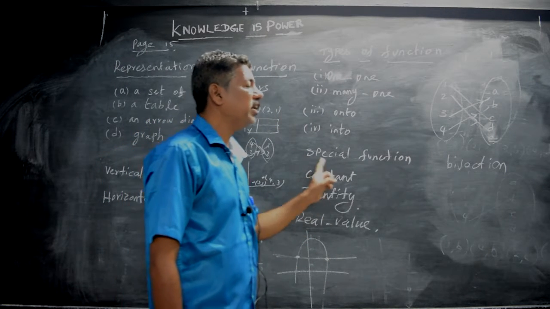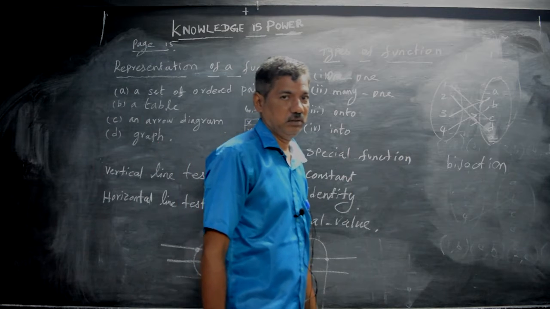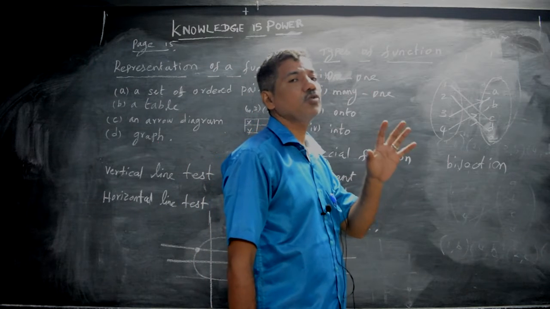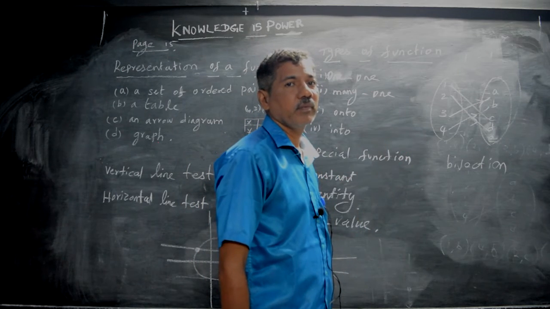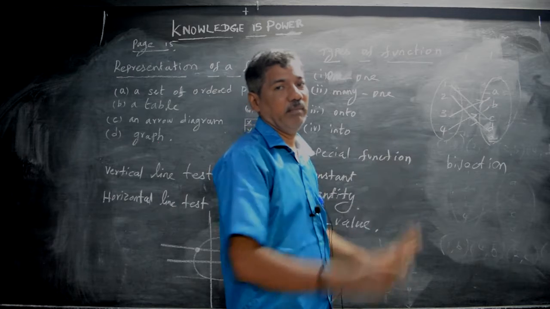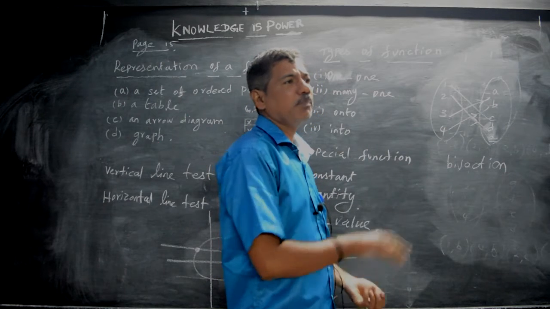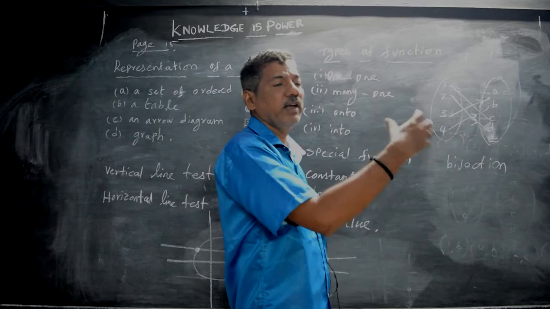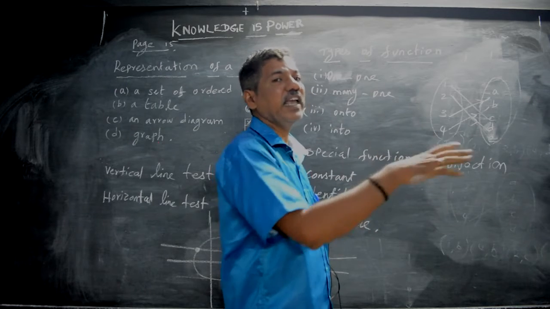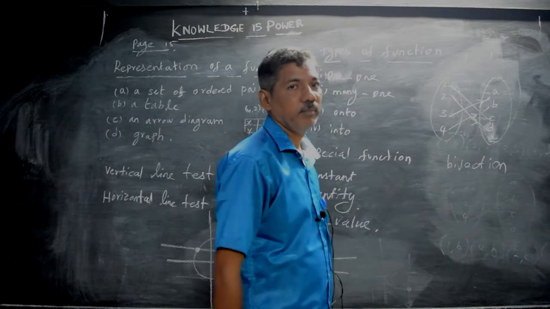So what is the meaning of constant function? Actually constant means what? All should be same. Suppose one of the teams is selecting at the age of 10.